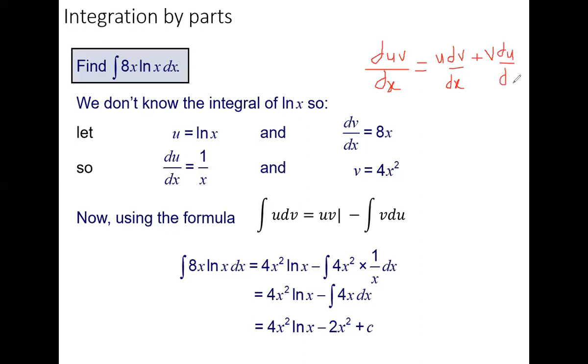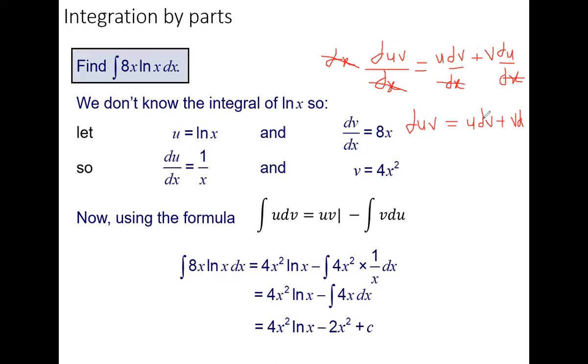This is differentiation. Now, if I multiply all the terms by dx, all the denominators will go away. So you'll be left with d(uv) equals u dv plus v du.